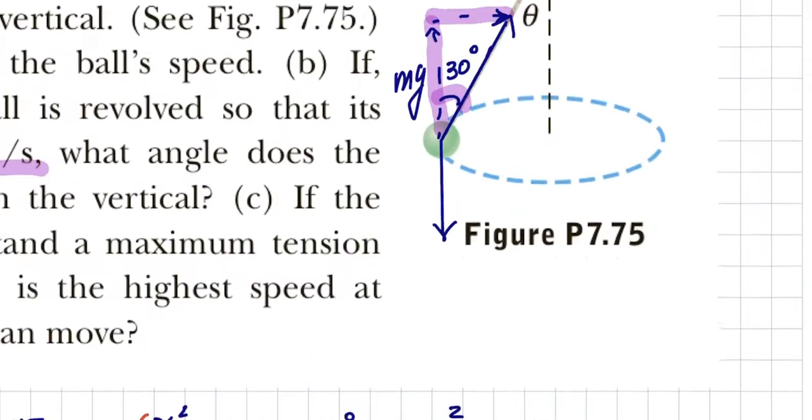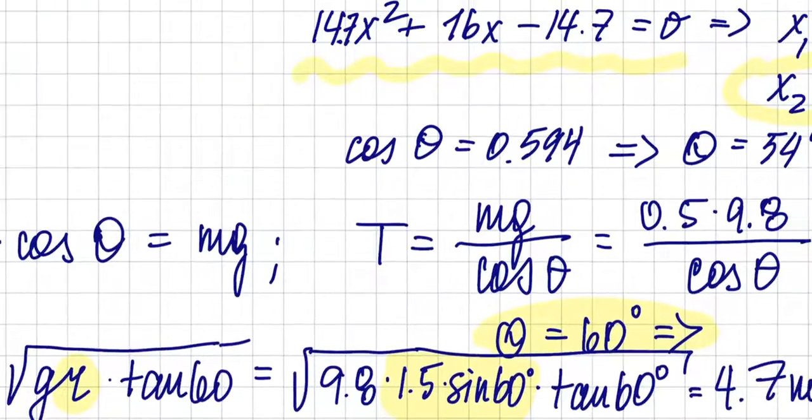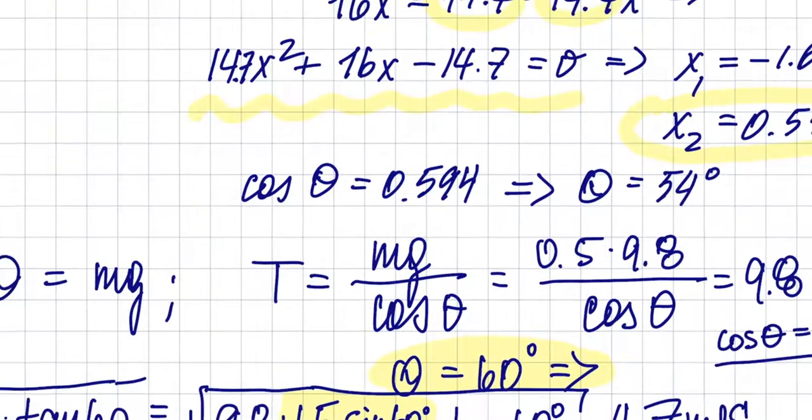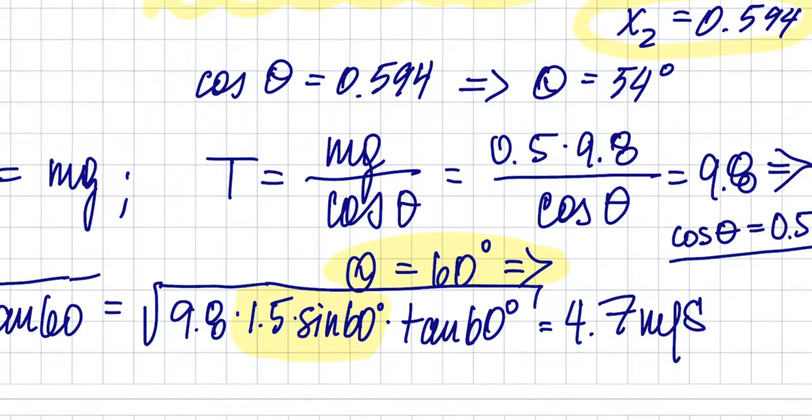Again, that is because that's the length, and it's opposite. You see through the side, so therefore it's sine. And then all that I need to multiply by tangent of 60, and when I plug it into my calculator, I get 4.7 meters per second, which happens to be the answer.